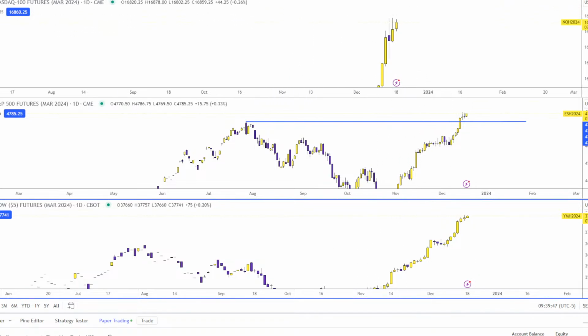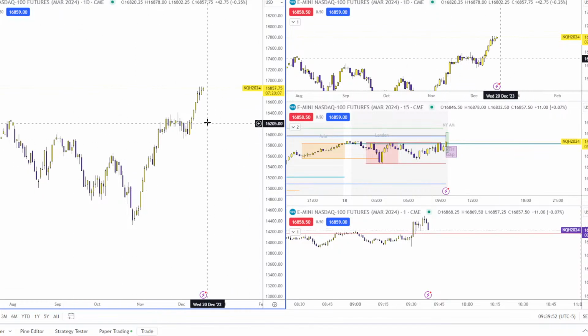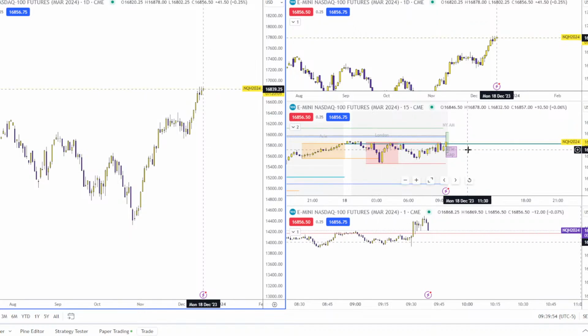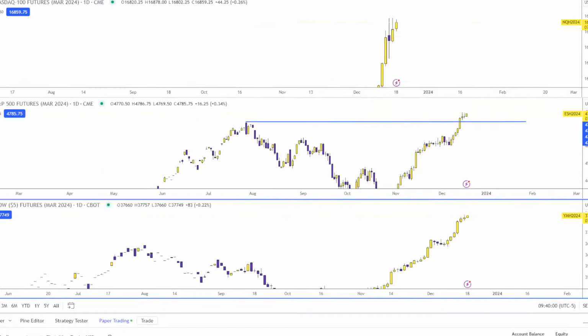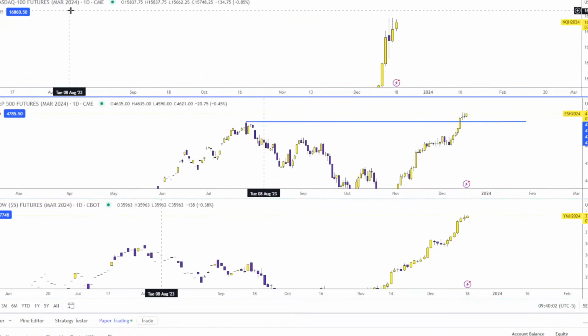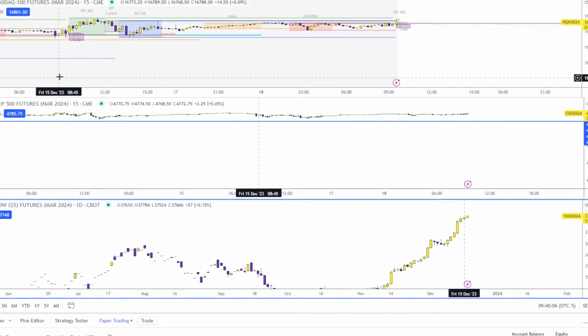That's our opening. Let's have a look at the opening of the day. 15-minute chart. I think we have to start switching to the 15-minute charts for each, and then we'll see what's going on.